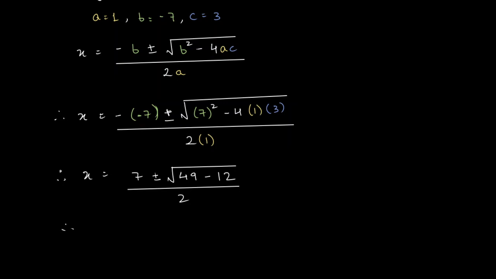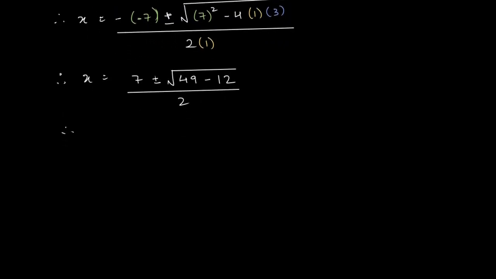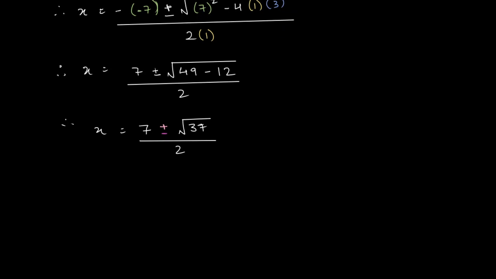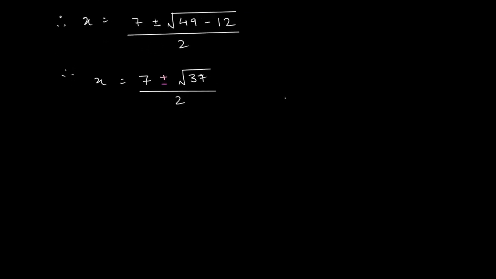Therefore the value of x is equal to 7 plus or minus, remember, it's two values, square root of 49 minus 12, which is 37, divided by 2.